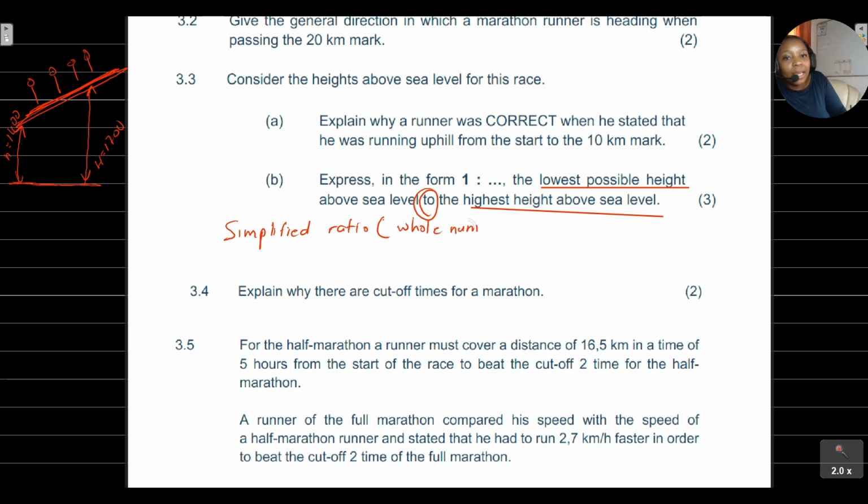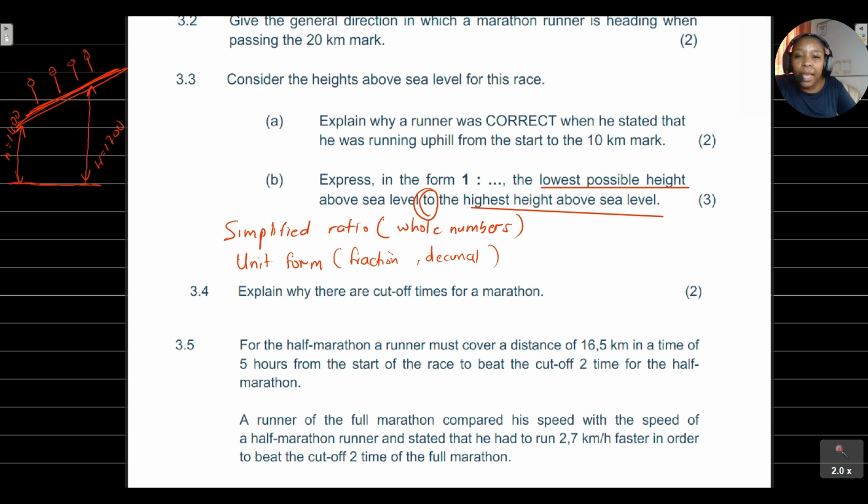We cannot have our ratio as fractions. But if they say unit form, then that means you can leave it as a fraction or a decimal fraction and things like that. But here they didn't specify, so we can leave it in whatever way we want. Okay, so we're done.